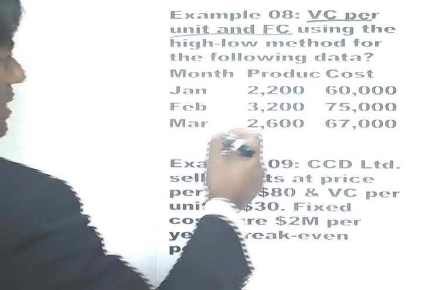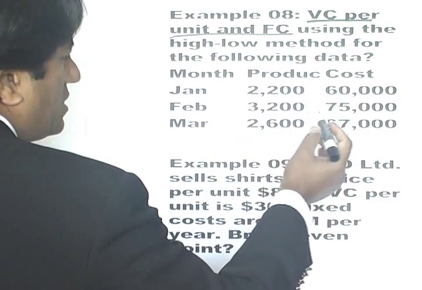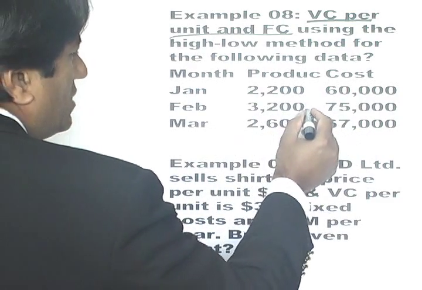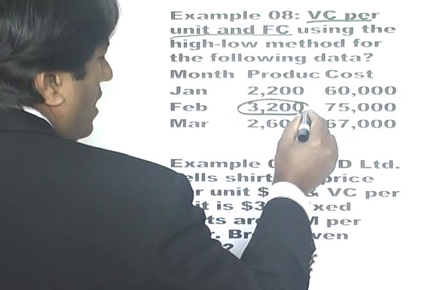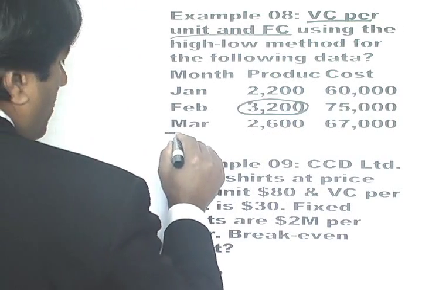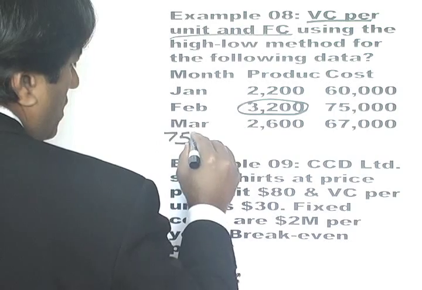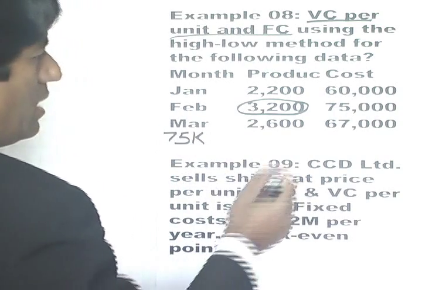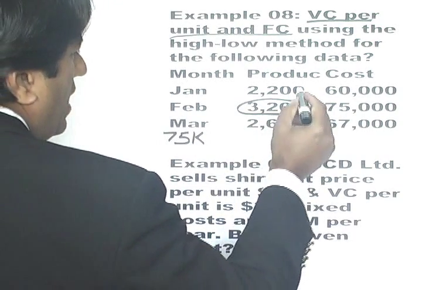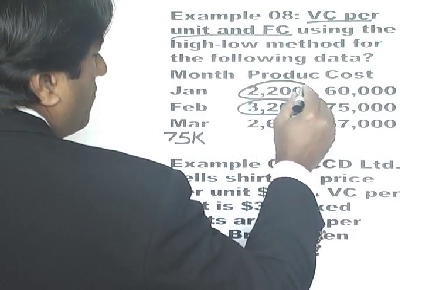So here the highest production is 3,200, which had a cost of 75,000, so it's 75K. The lowest production is 2,200.